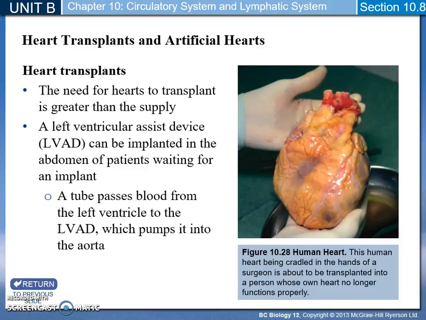Artificial hearts and heart transplants. So here's an image of a human heart ready to be transplanted into somebody. And unfortunately, the need is greater than the supply, but great success has been achieved, it's been worked at for quite some time, and transplants work quite well now if a suitable donor can be found.